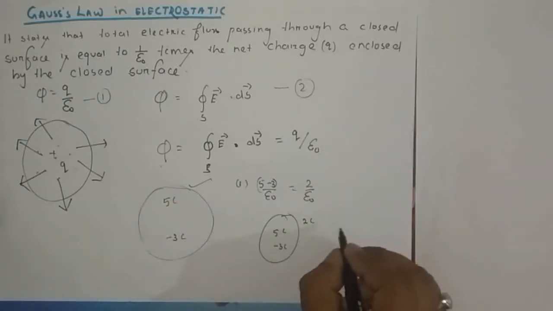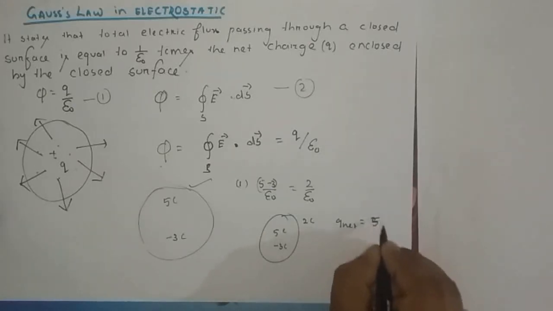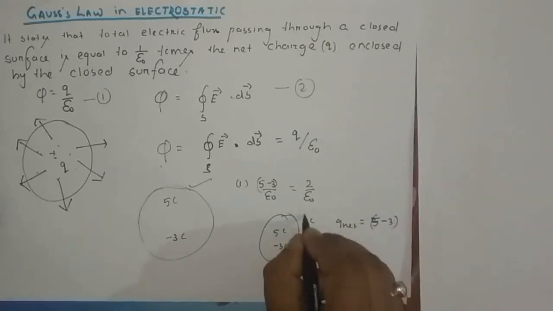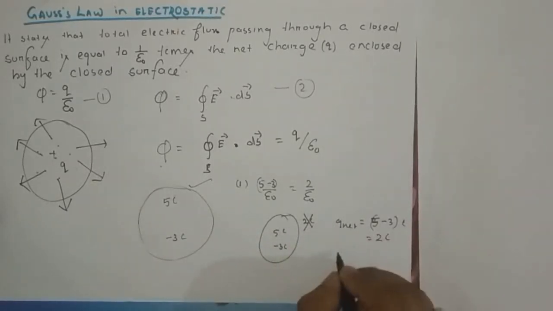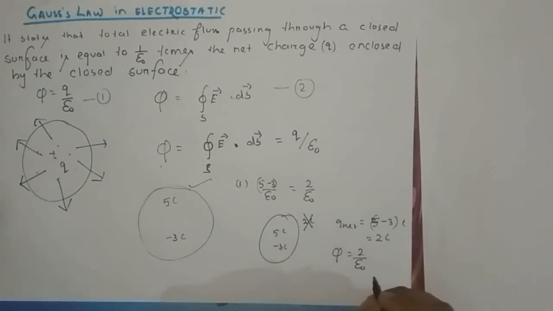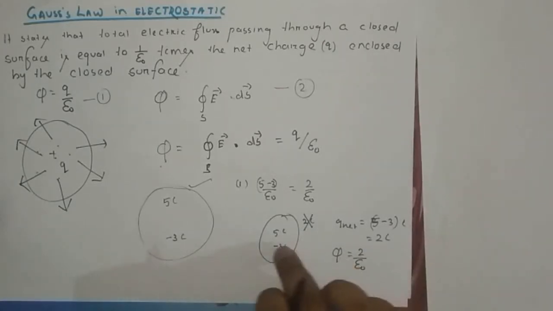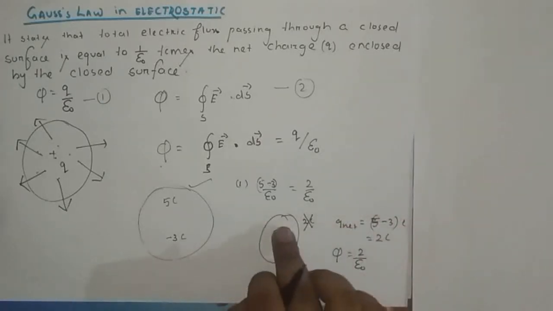So what is the net charge? Net charge will be 5 coulomb minus 3 coulomb. The outside charge will not be considered. So it will be 2 coulomb, and flux will be equal to 2 by epsilon naught. Is it clear? If charge is outside, it doesn't matter. We have to consider only inside.